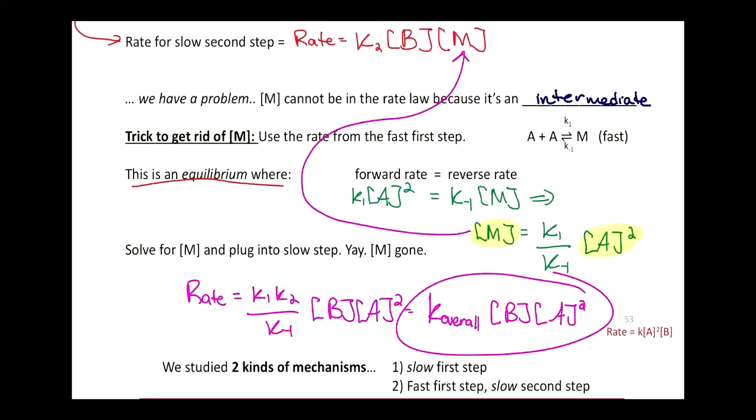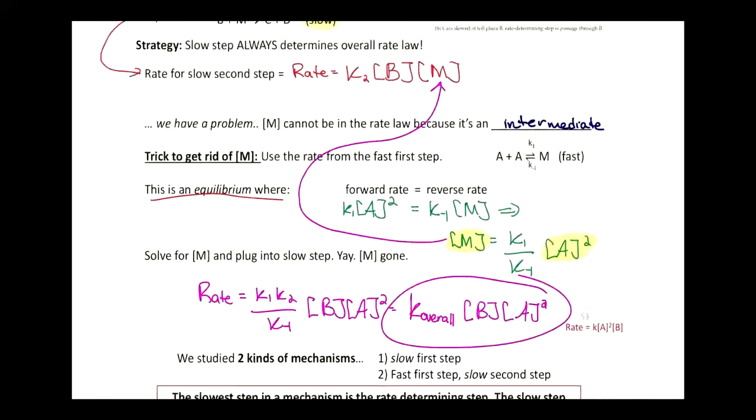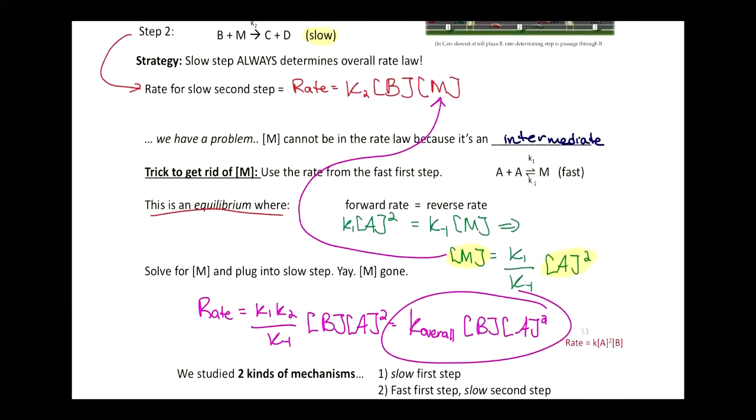So the idea here is that for our slow second step, we write the rate law, but usually there's an intermediate that we have to get rid of, and we just utilize the first step, the fast first step, to get rid of it, all right? So it's not that bad. It's the harder of the two, but it's really not that bad.